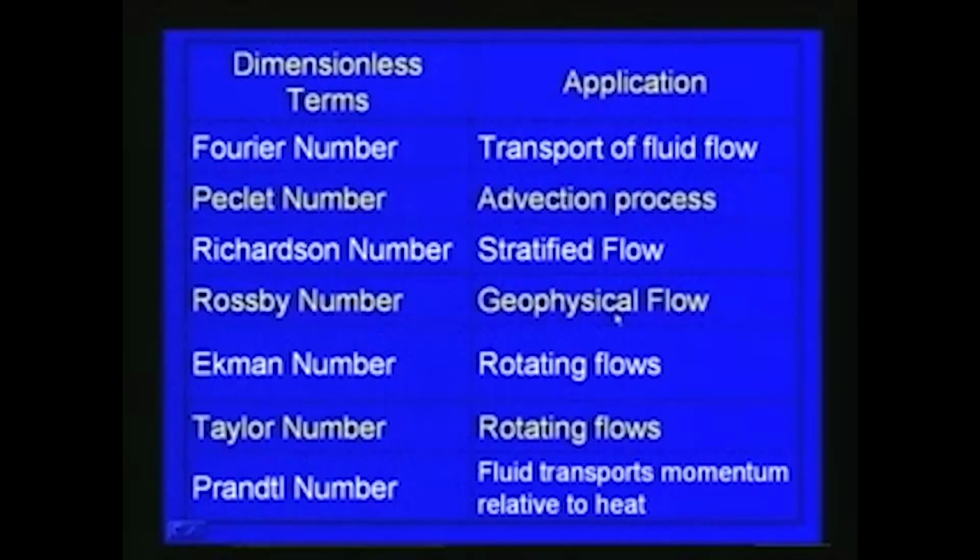And then the Rossby number, the application is geophysical flows, like when we consider the flow in the sea or estuary flow, wherever, with respect to the Earth's rotation, it is important. So as far as geophysical flow is concerned, the Rossby number is important.